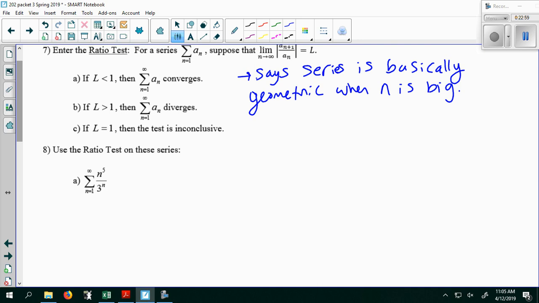Okay, so let's look at this same series that we just failed to draw a conclusion about using the limit comparison test. We're going to try with the ratio test. So the ratio test says take the limit as n goes to infinity of a sub n plus 1 divided by a sub n. So the n plus first term divided by the nth term.